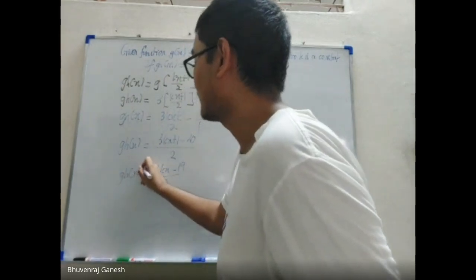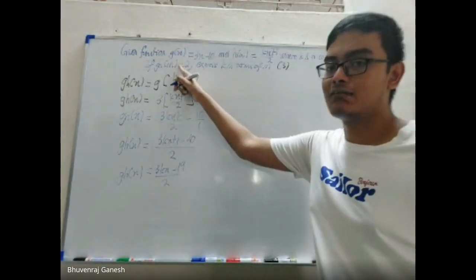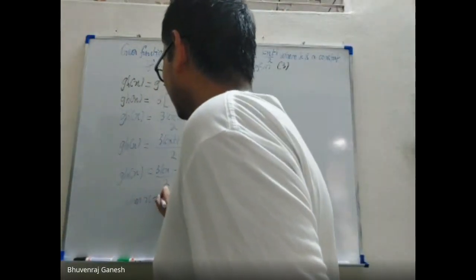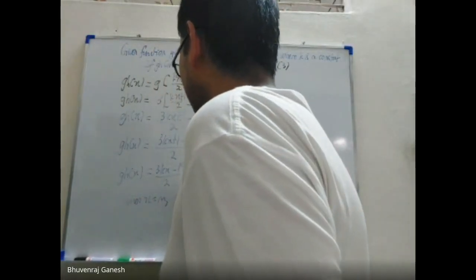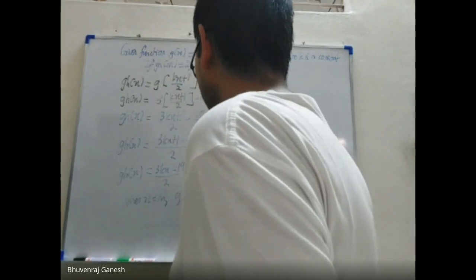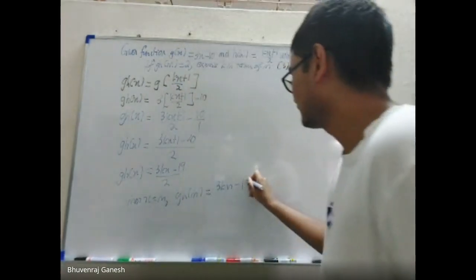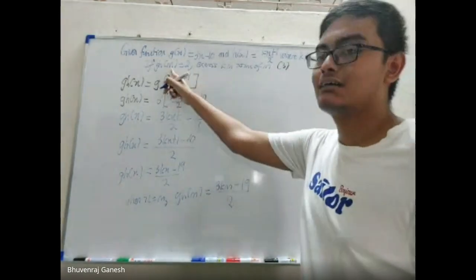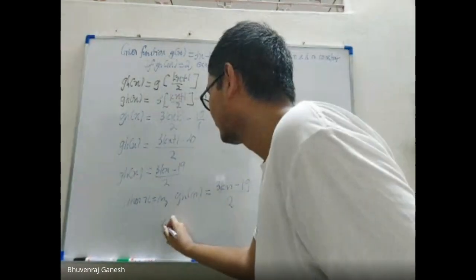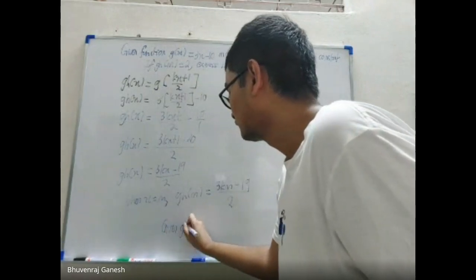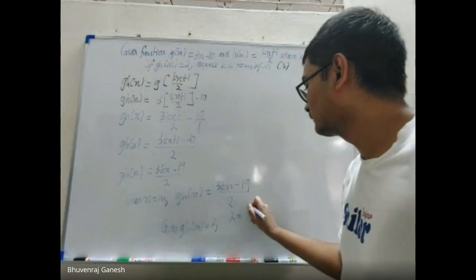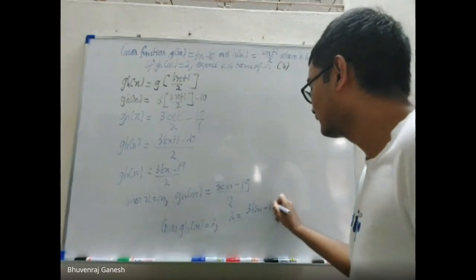And now you know that they gave you x is m. So you say when x is m, gh(m) equals 3km minus 19 over 2. So then they say if gh(m) is 2, so you see, follow only the continuous process. Given gh(m) is 2, so 2 is equal to 3km minus 19 over 2.